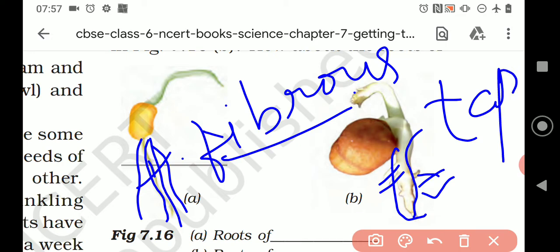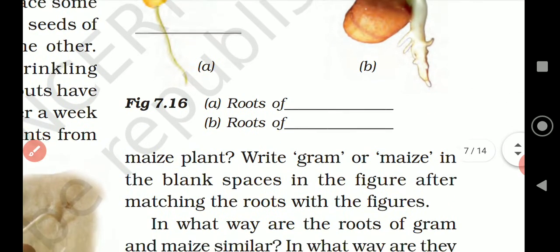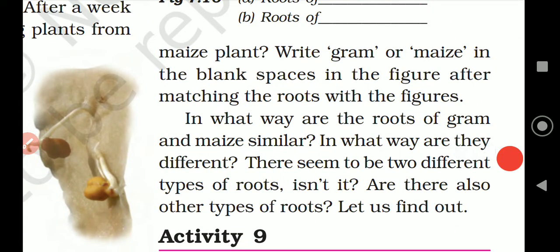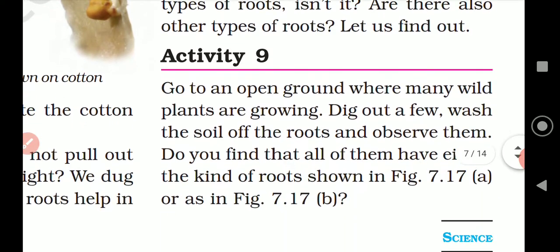So there are differences: one is thin like fiber, another is thick. One has a main root and lateral roots, and the other does not have all this. So here we saw the differences between the roots of a maize plant and the roots of the chana gram plant.